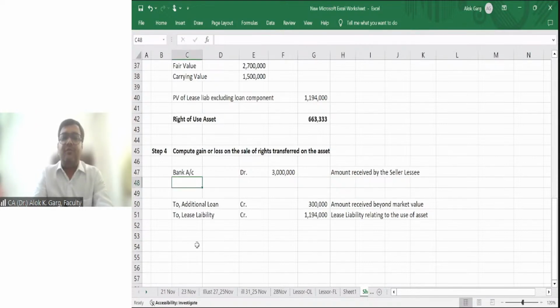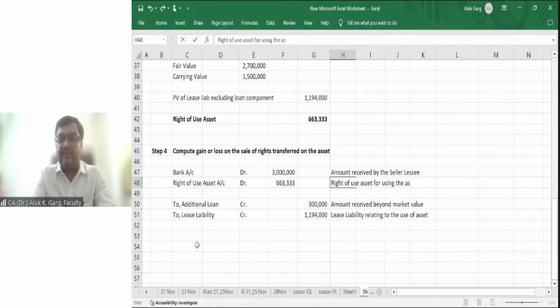I debit the right of use asset account, 663. This is my right of use asset, using the asset for 20 years.